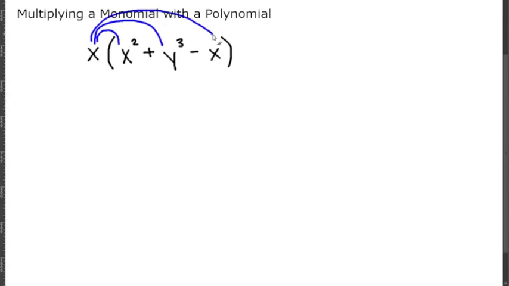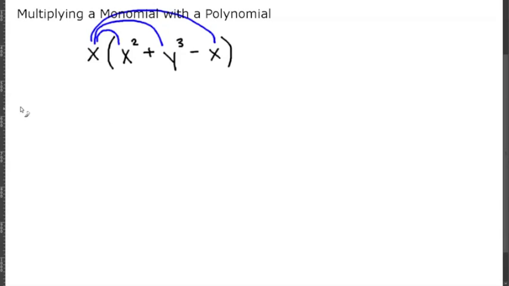In this video, we are going to go over how to multiply a monomial with a polynomial. So if you have x, which is a monomial, times the polynomial x squared plus y to the third minus x, we're going to use the distributive property. So this x is going to be multiplied with this x squared, then the x gets multiplied with the y to the third, and then the x gets multiplied to the other x.